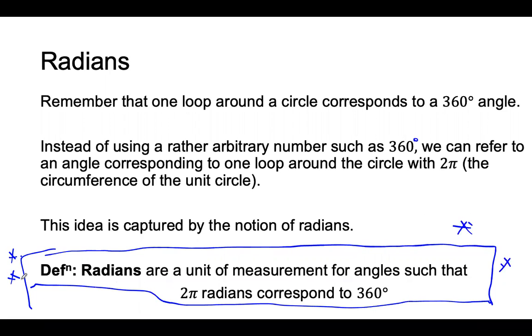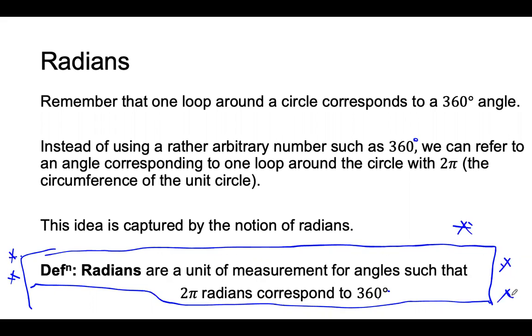It's essentially the arc length of this. So 2 pi radians corresponds to 360 degrees. You could divide both sides by 2 pi, and then you would know what 1 radian would equal. So it would be 360 degrees divided by 2 pi would be 1 radian.